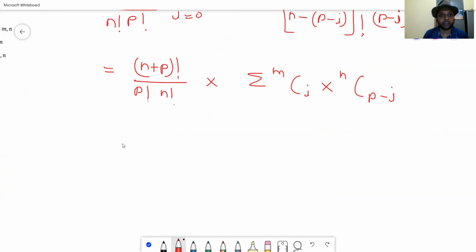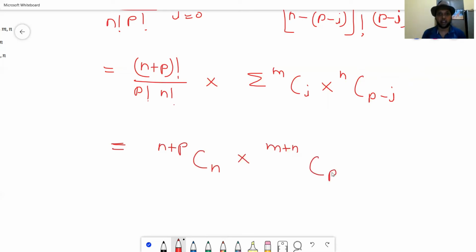So directly we can write down this. This is nothing but n plus p factorial, and we can write down this is nothing but n plus p Cn, or n plus p Cp, into, and what is this? This is nothing but m plus n Cp.